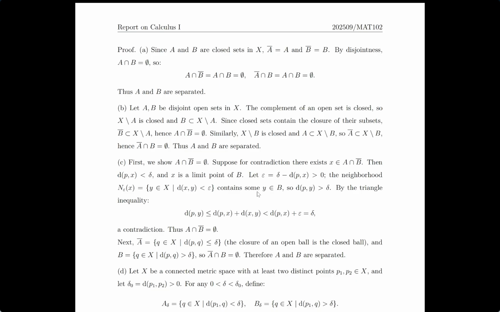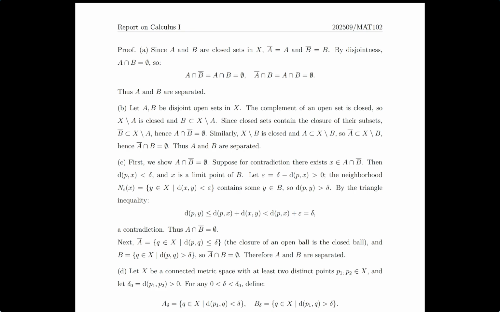Now we will use the inequality to get a contradiction. We let epsilon equal delta minus d(p,x), and the neighborhood {y in X : d(x,y) < epsilon} contains some y in B, so d(p,y) is larger than delta.